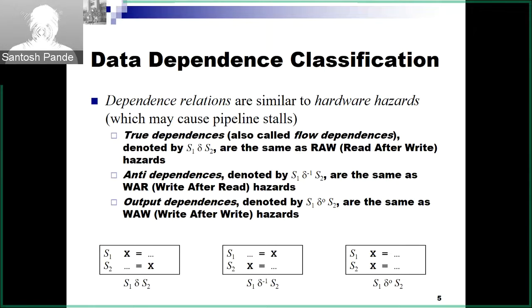Now you may ask, why don't we use SSA and all that? Remember that this classification of dependencies is at the level of access. In other words, we are looking at X sitting inside a memory location. It's not a symbolic reference that we are talking about. We use SSA and other things for analysis purposes, but later on, if there are 10 different definitions of X, we cannot have 10 different values sitting in the memory.